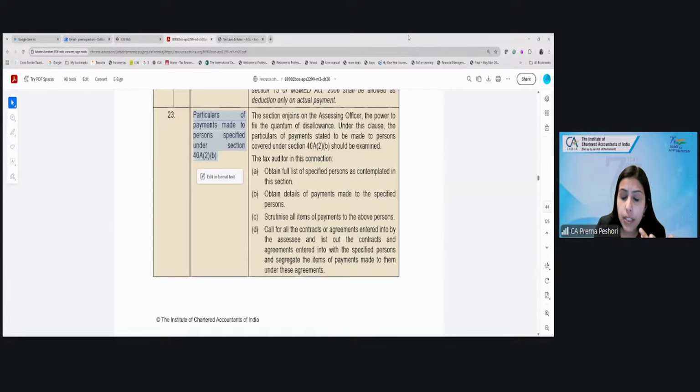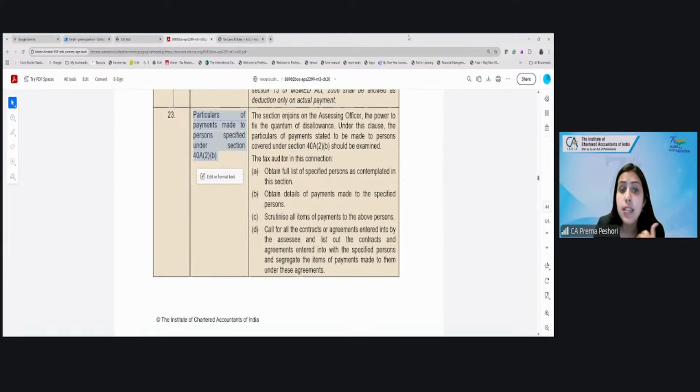In case of a company again or AOP, BOI, of which a director has a substantial interest in the business of the assessee, or an individual having a substantial interest in the business of another person. Right, so basically there are certain relationships which are given.